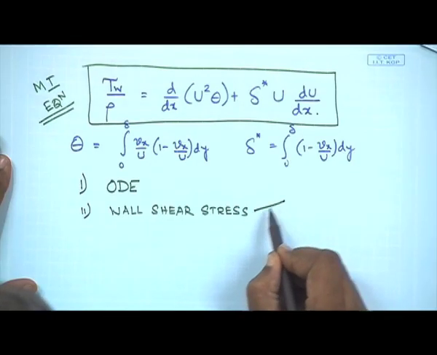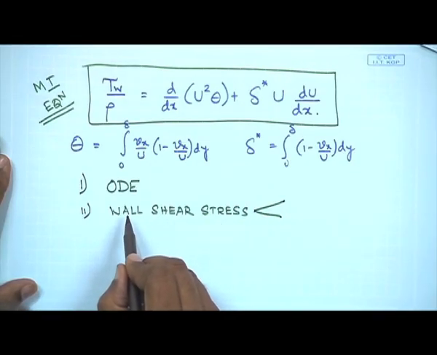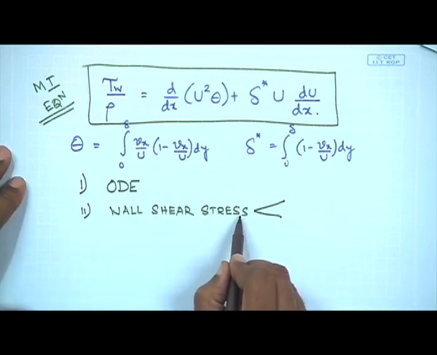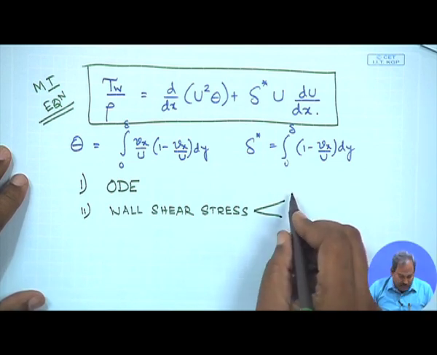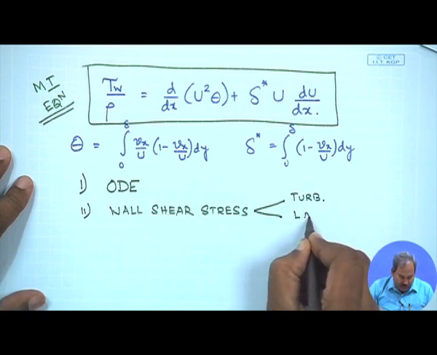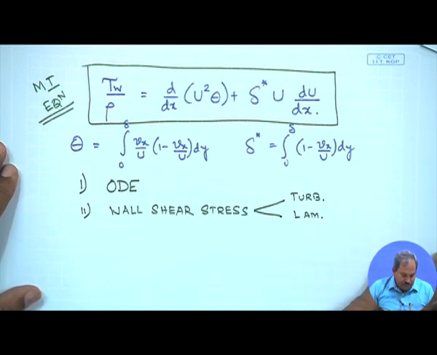So, it is open to Newtonian as well as non-Newtonian types of flows, and since the relation between tau w and the velocity gradient is not specified, it can be used for laminar flow as well as for turbulent flow. Therefore, it is equally valid for turbulent flow as well as for laminar flow.